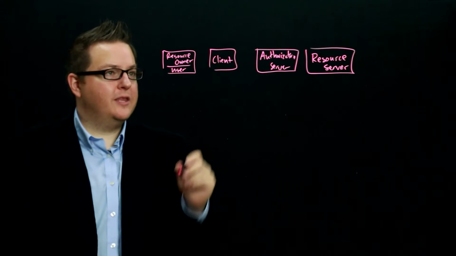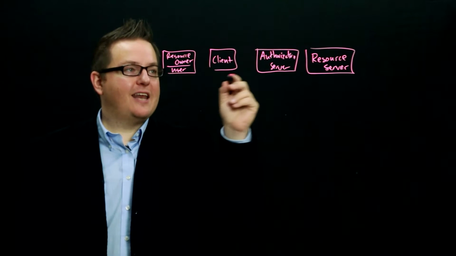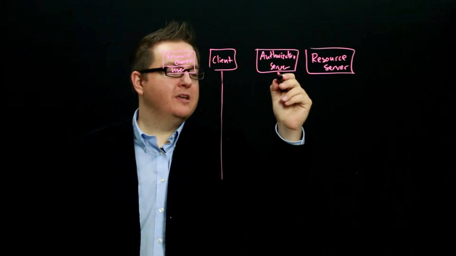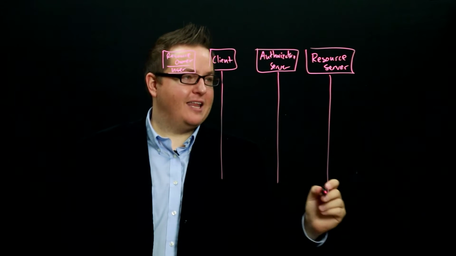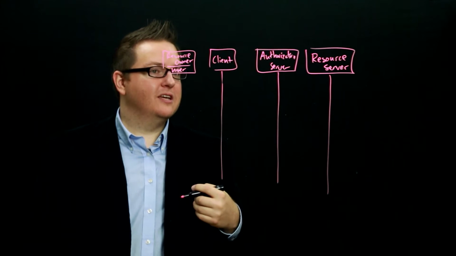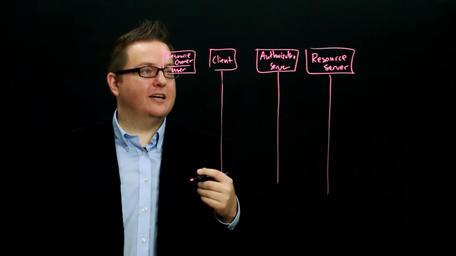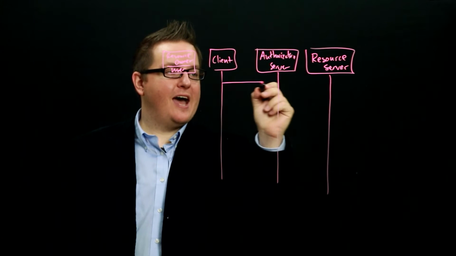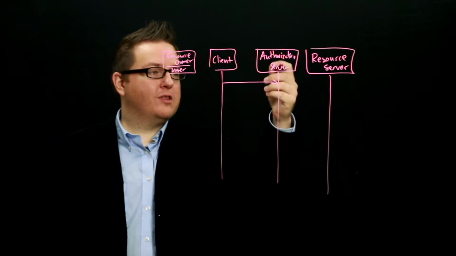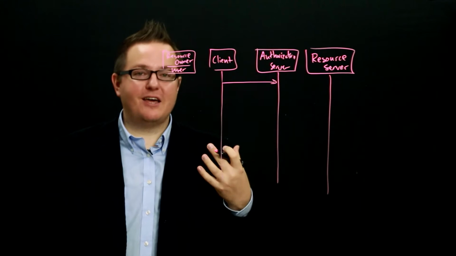When the client wants to get access to some resource, it needs to get a valet key to give it access to that particular resource. So the client will ask, using one of the OAuth flows, for the authorization server to give it a valet key.